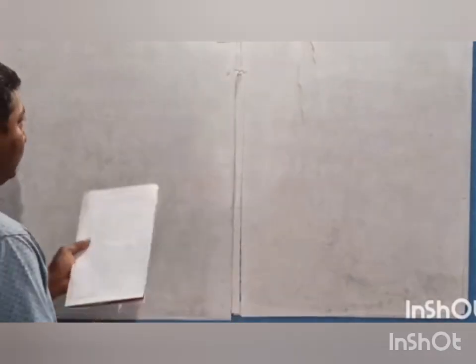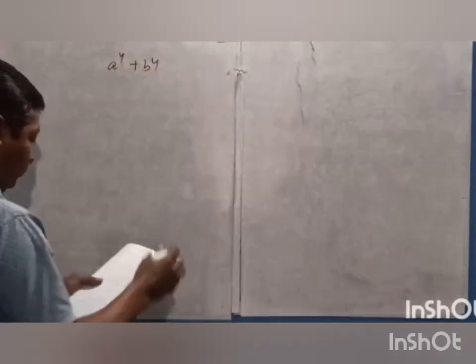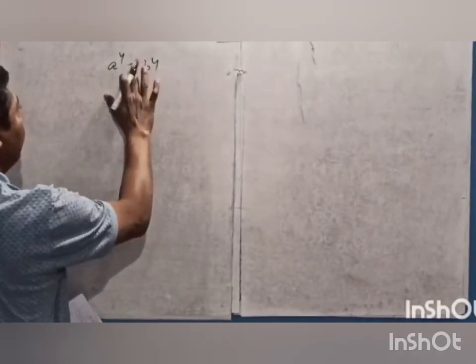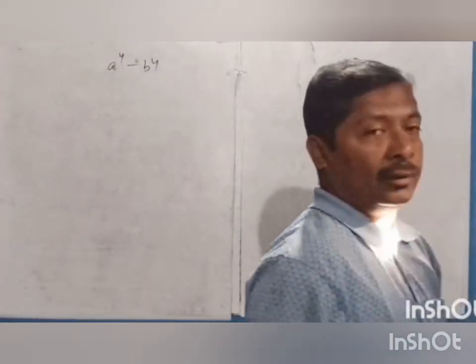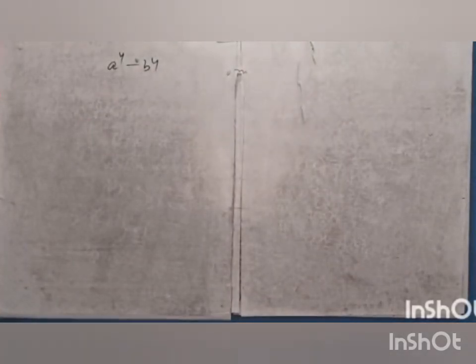Let's start with an example. a^4 plus b^4, a^4 minus b^4. Okay. So in what identity is this falling? You can guess. We have already gone through the identities in which it is falling.